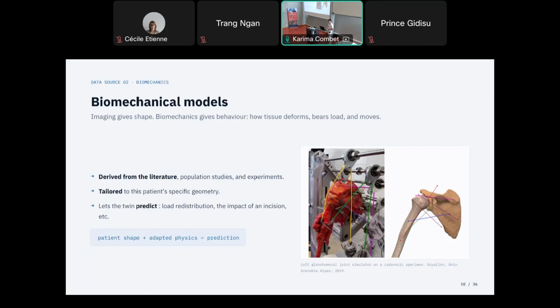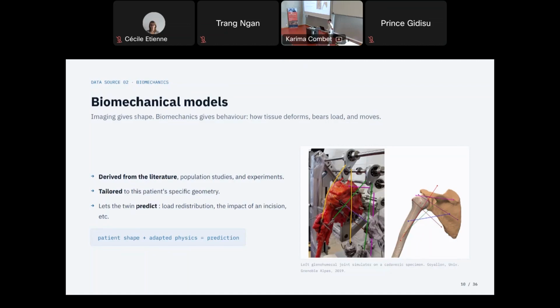Crucially, they do not come from the individual patient directly, but from literature, statistical models, or experiments. It's exactly what you can see on the right side: a shoulder on which we are simulating anatomical forces to evaluate if the model we have is okay or not, just for validation purposes.